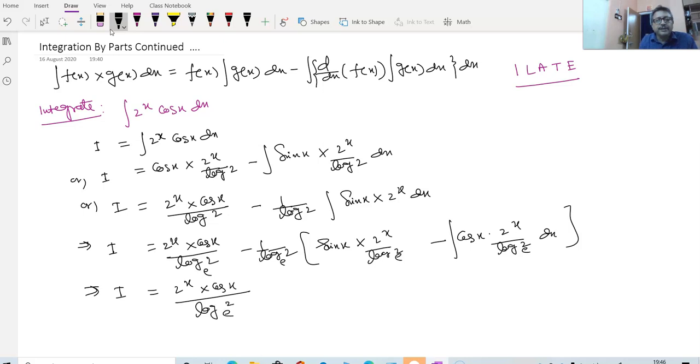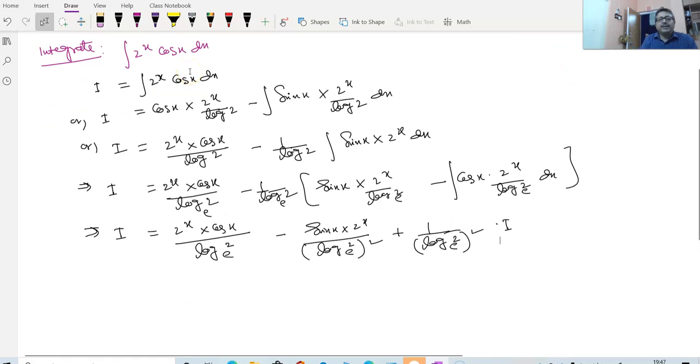So if you have written just log 2, that's enough. Sin x, 2 to the power x by log 2, and this is going to be plus 1 by log 2 base e whole square into 2 to the power x cos x is brought back, so put I over there.